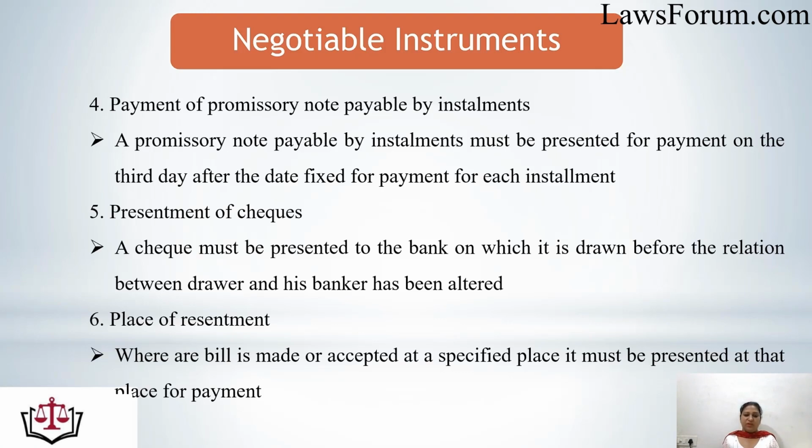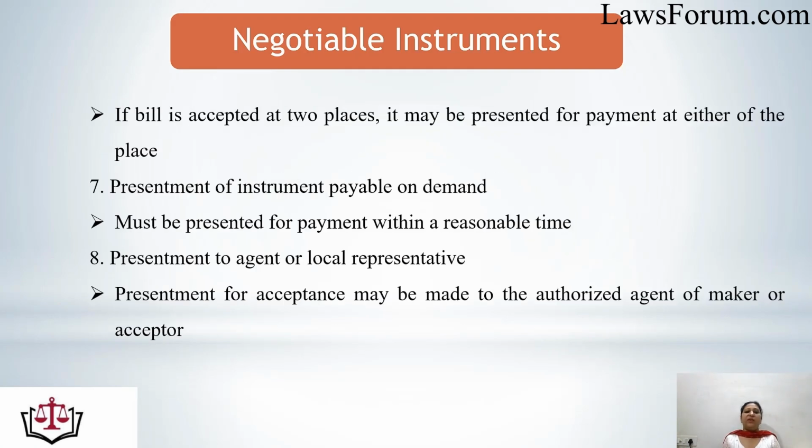Place of presentment: where the bill is made or accepted at a specified place, it must be presented at that place for payment. And if the bill is accepted at two places, it must be presented for payment at either of the places. That means if the party to the bill of exchange has the option of two places for presentment, then either place can be considered a valid place for presentment.